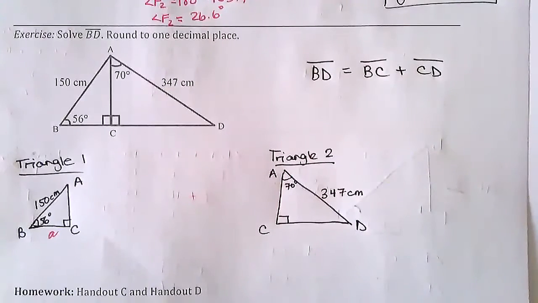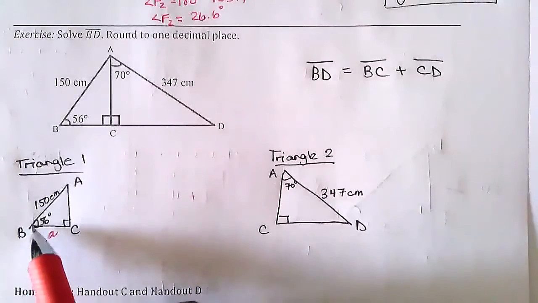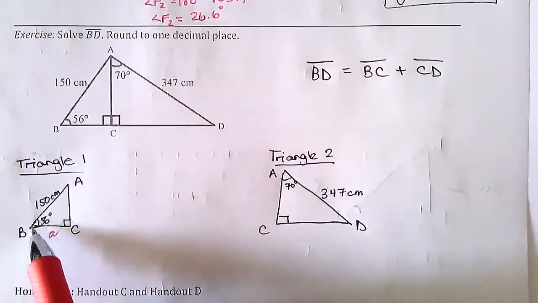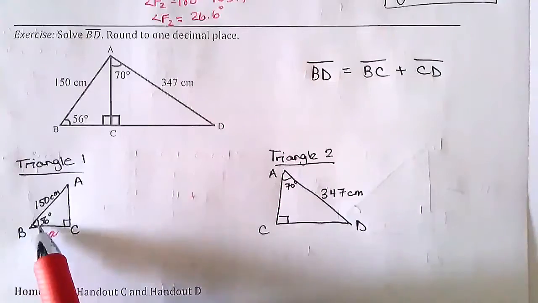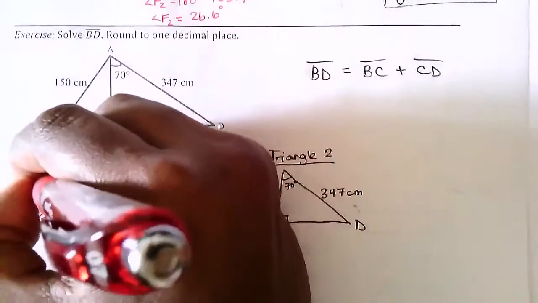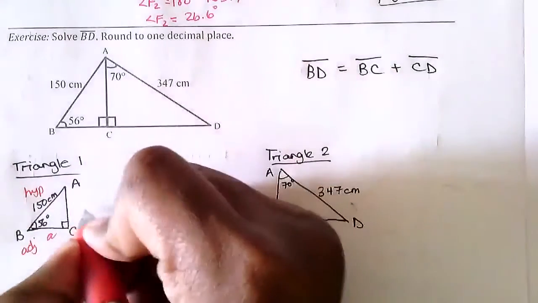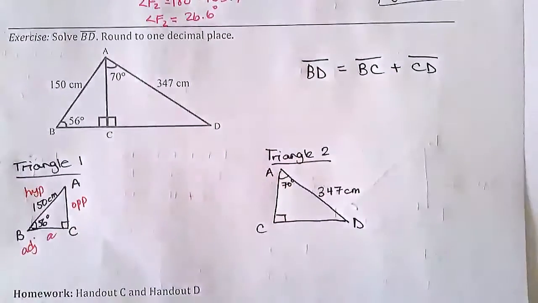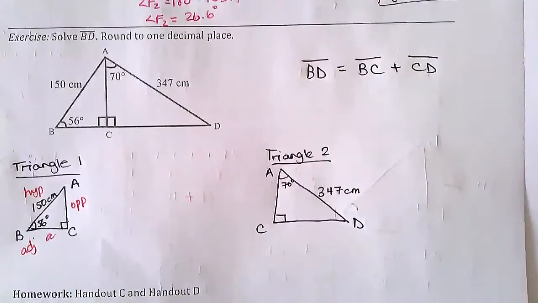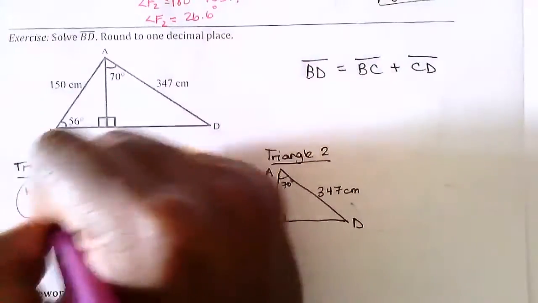Before I do, I want to label my adjacent, hypotenuse, and opposite. I've been given this angle. Let's use that as my angle of interest. If this is my angle of interest, this is my hypotenuse. This down here is my adjacent, and this here is my opposite. So in this question, I'm given the hypotenuse.